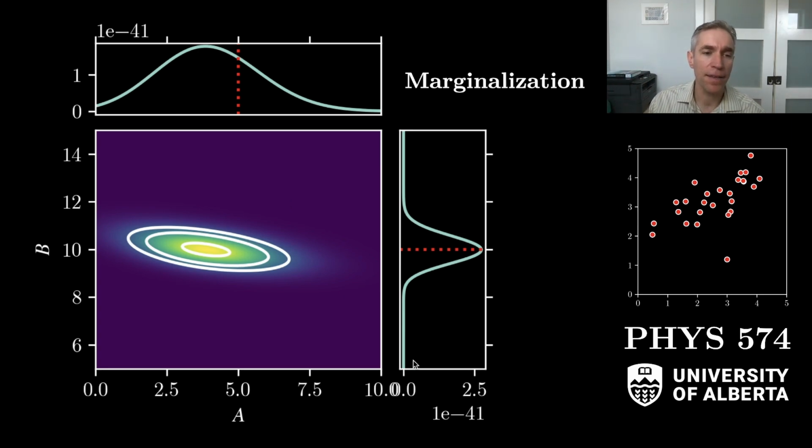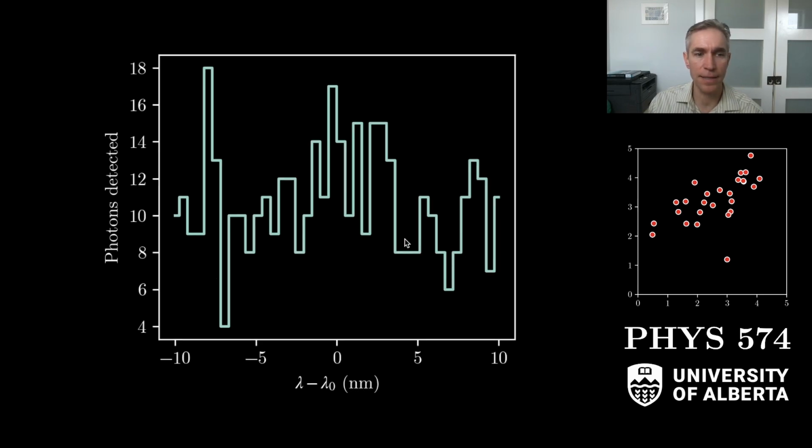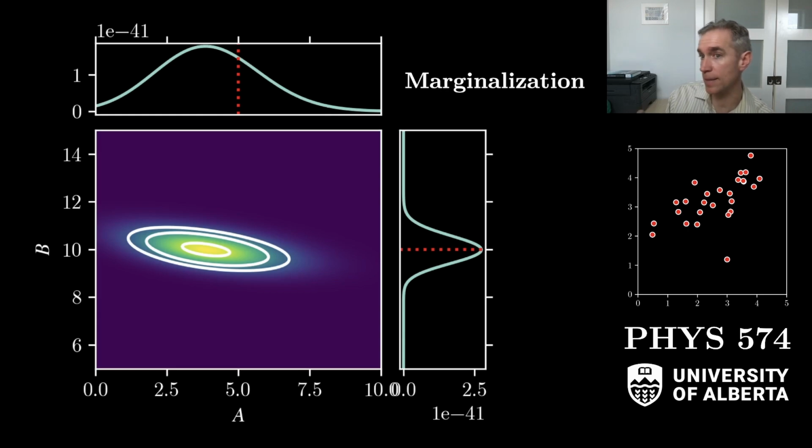And then the background here actually is fairly well constrained. That makes sense because there's lots and lots of data here that have background signal, and there's only a fairly narrow range where there are contributions to lines. So we end up with a very good estimate of the background in this information, whereas the amplitude is a little more poorly constrained.